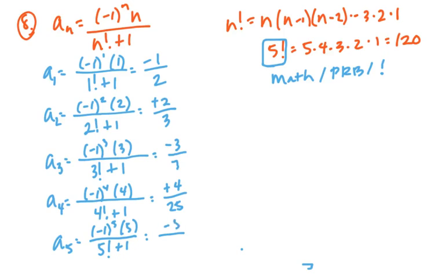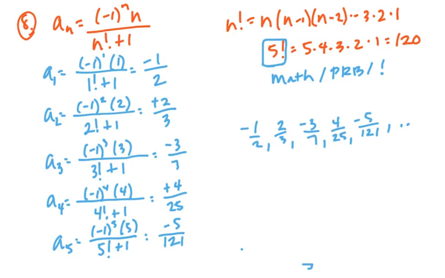So we have negative 5 over 5 factorial is 120. Let me make sure that's right. 20 times 3 is 60 times 2 is 120 times 1 is 120 plus 1 is 121. So that means the first 5 terms of this sequence are negative 1/2, positive 2/3, negative 3/7, positive 4/25, negative 5/121.